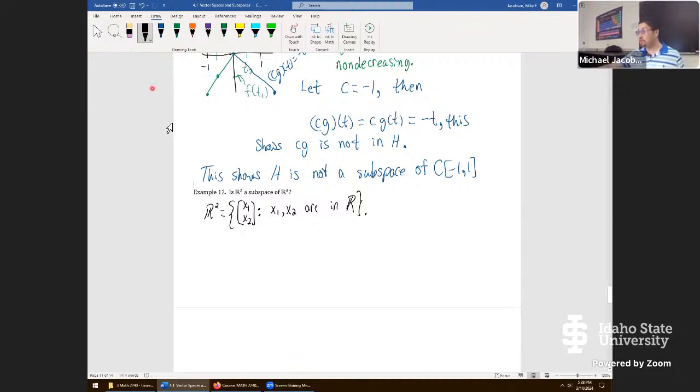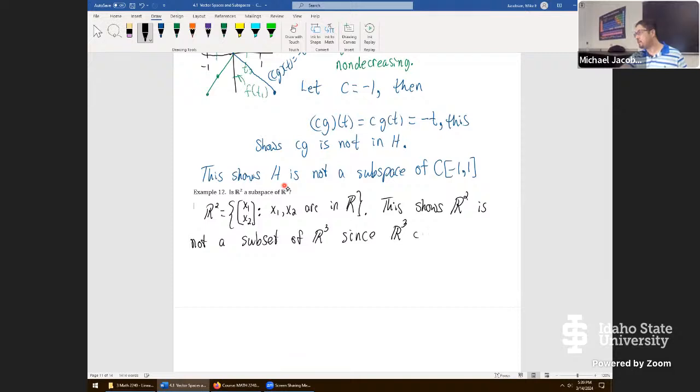This immediately, like you were saying, shows R2 cannot be a subspace of R3 because it's not a subset. Let's say here, this shows R2 is not a subset of R3, since R3 contains vectors of the form, it's a longer sentence than I thought, x1, x2, x3.